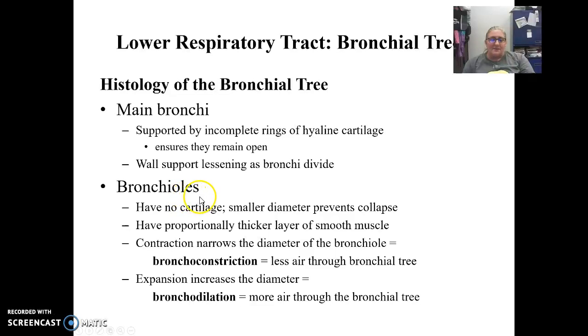The bronchioles are the smallest of your bronchi, and these ones have no cartilage, so instead they just have smooth muscle that protects them. And so when you don't need as much air, bronchoconstriction often occurs, where you have less air moving through. If you are taking in more air, bronchodilation occurs where the muscles relax and the bronchi open up, allowing more air to flow into the lungs.